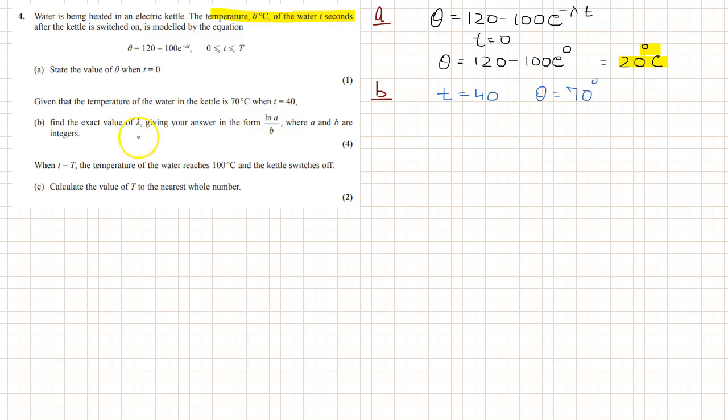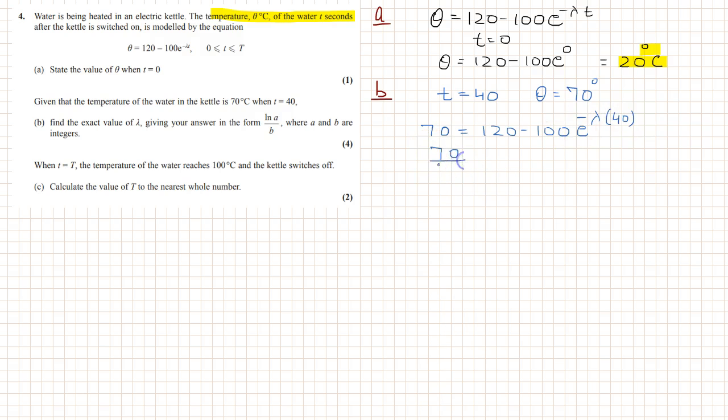Find the exact value of lambda, giving your answer in the form of ln A over B, where A and B are integers. So theta 70 is equal to 120 minus 100 e to the power minus lambda multiply 40.